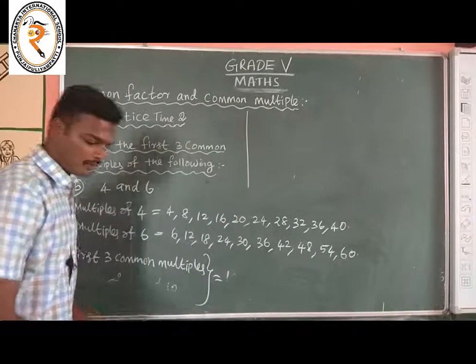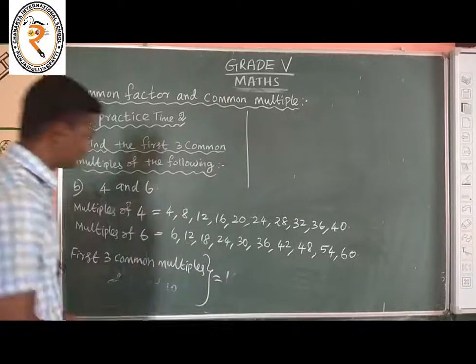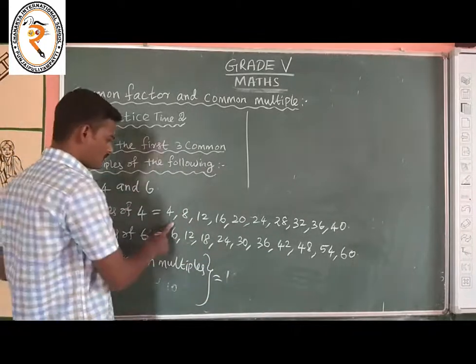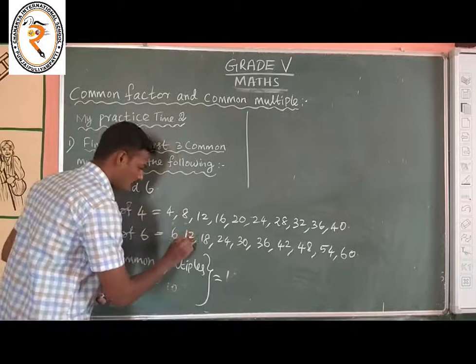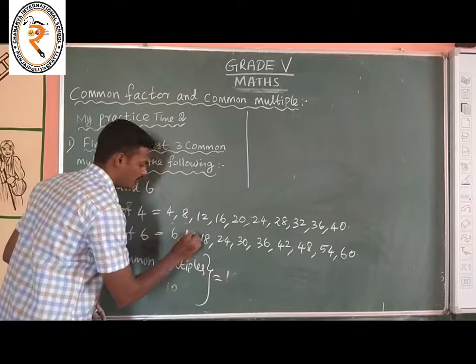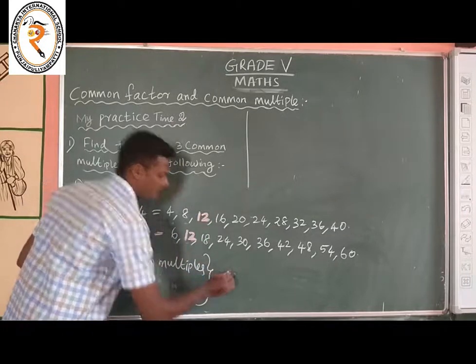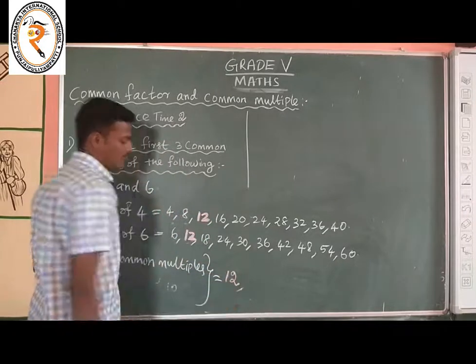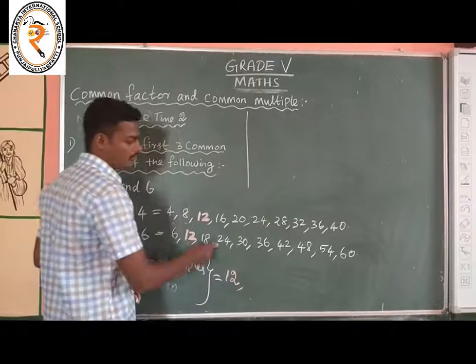First three common multiples. Here 12, here also 12, so the first common multiple is 12. The second one is 24, here also 24.